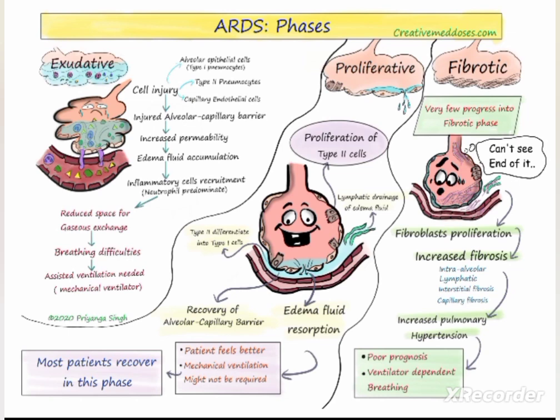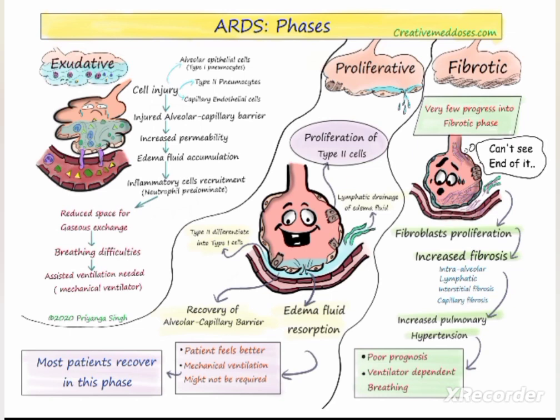Here there will be reduced space for gas exchange, and the person will show signs and symptoms of breathing difficulty, dyspnea, and there is need of assisted or mechanical ventilation. In this phase type 1 cells are affected, there is interstitial edema, and the person shows symptoms of breathing difficulty. So that is the first phase, exudative phase.